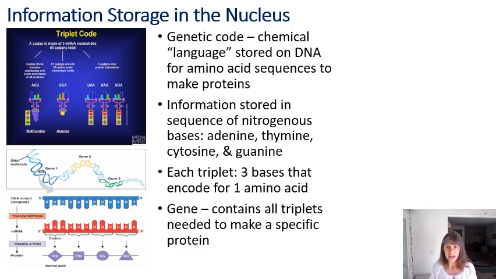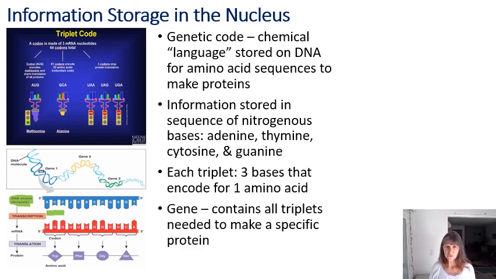Every time we look at a triplet of nitrogenous bases, that will encode for 1 amino acid. If we look at this one strand of the DNA template, once the DNA has been separated, we see adenine, cytosine, cytosine. Those 3 nitrogenous bases are referred to as a triplet.